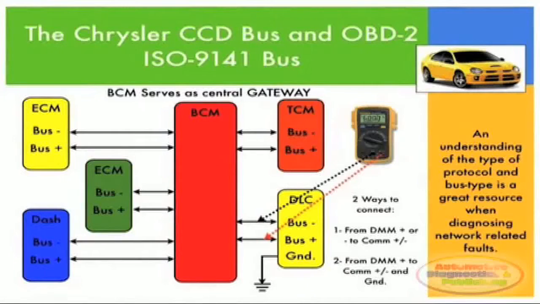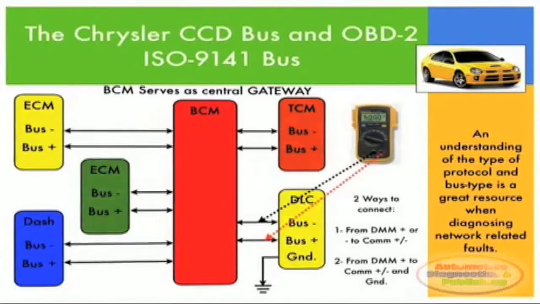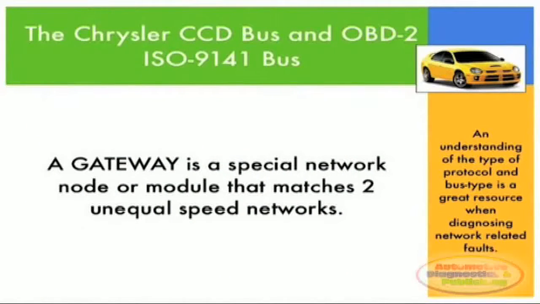Here we see a typical Chrysler CCD, or Chrysler Collision Detection, ISO 9141 network. The ISO 9141 is part of the OBD2 family of protocols. ISO 9141 uses a 2-wire topography, with the central node, the BCM.